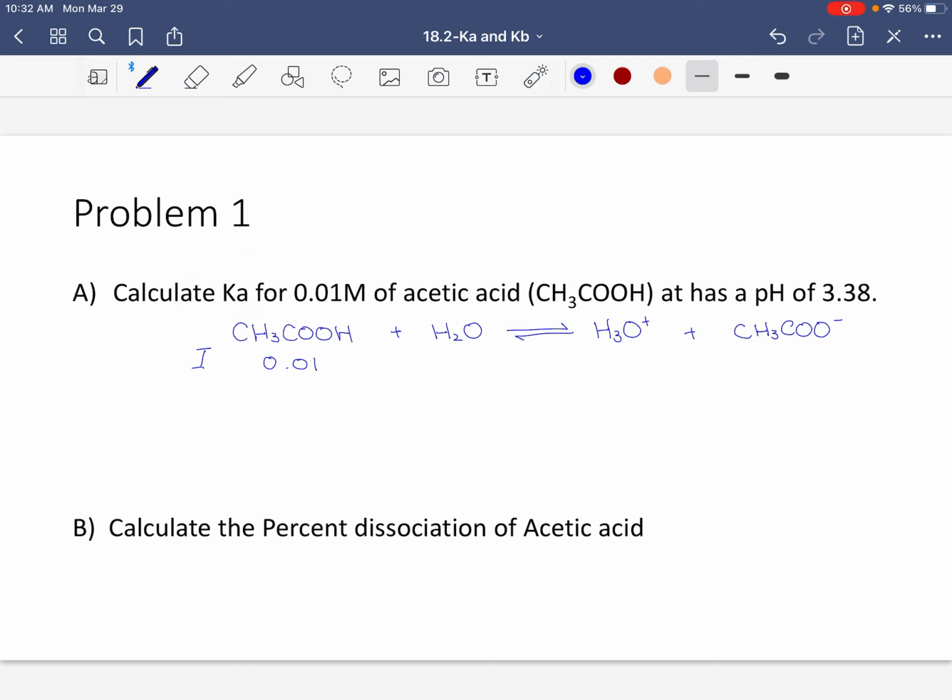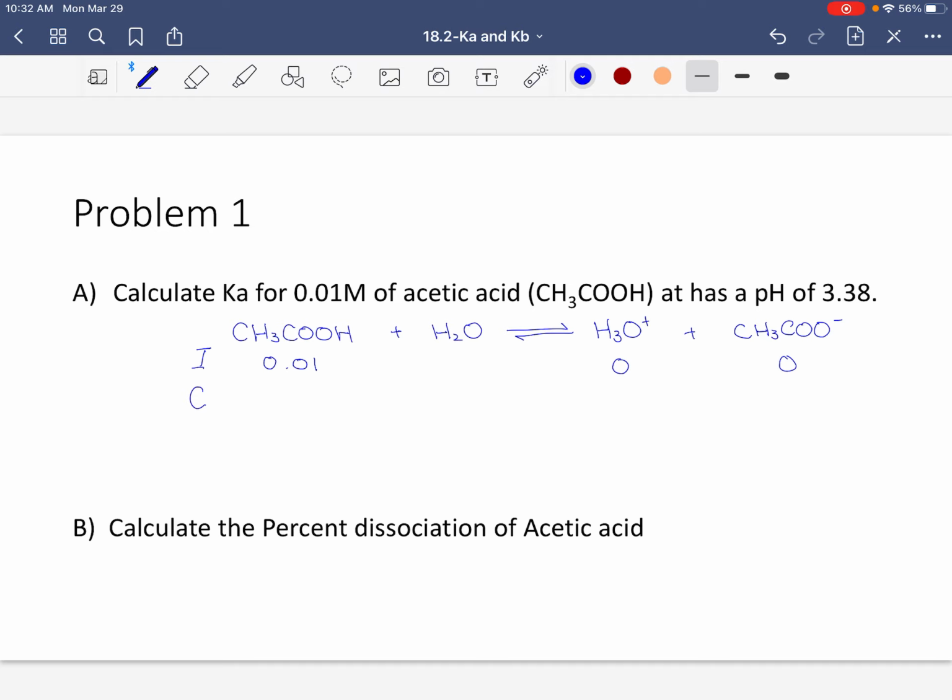But then in the beginning, initially, before you drop anything in water, you'll have nothing here and nothing here because you haven't dropped it in water yet, right? This guy is not going to dissociate and make this if I haven't done anything. But I will eventually do something because that's what change is all about.